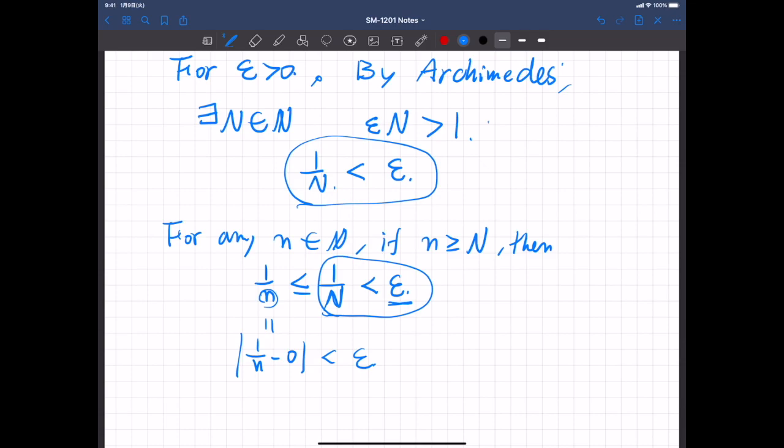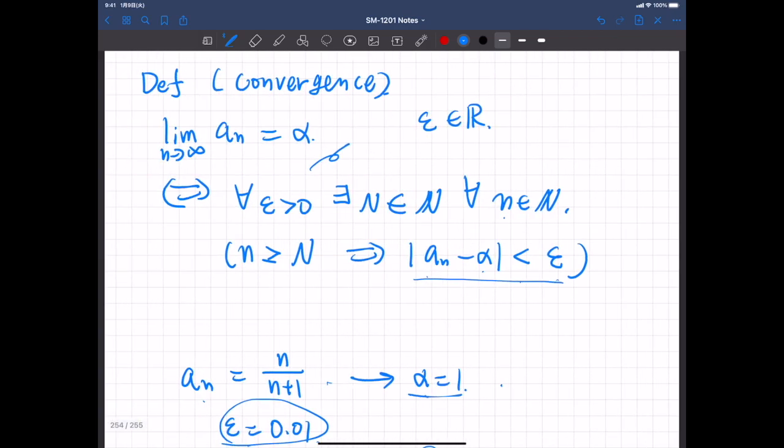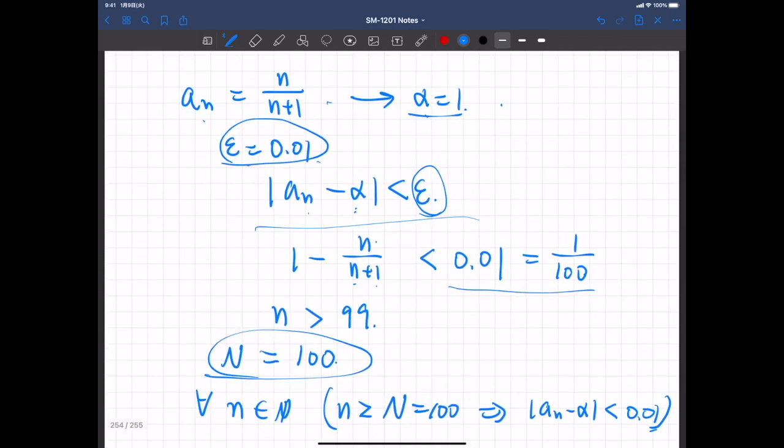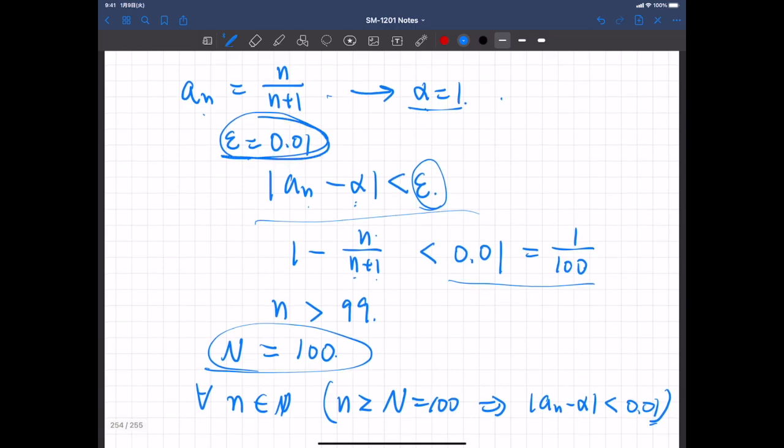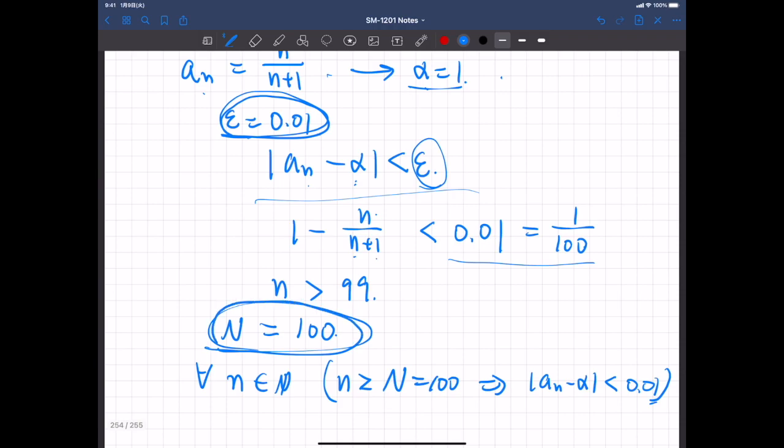In this definition of convergence, you should be careful to know that this choice of capital N depends on the value of epsilon. In the previous example, if you set epsilon to 0.01, then the value of capital N is 100.